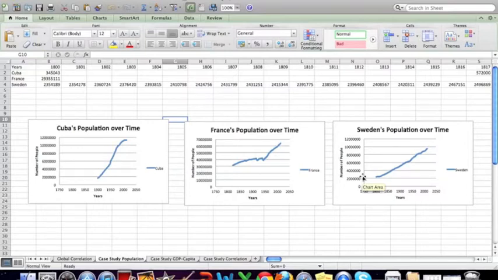Right now, if you just look at these three graphs without paying attention to the units, it looks like Cuba could actually have a bigger population. And it looks like Sweden has the lowest population, and that's just glancing at these. So then when you look at the y-axis here, you can see, okay, Cuba's graph ends at 12 million people.